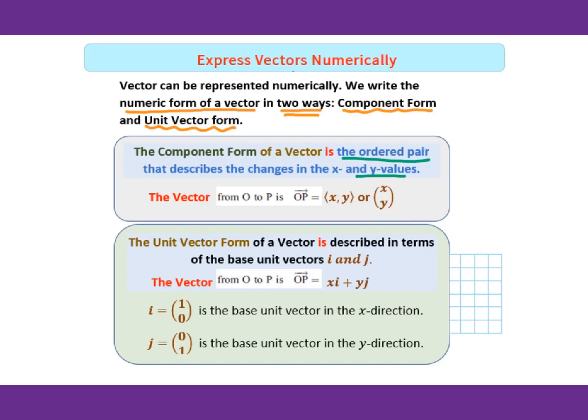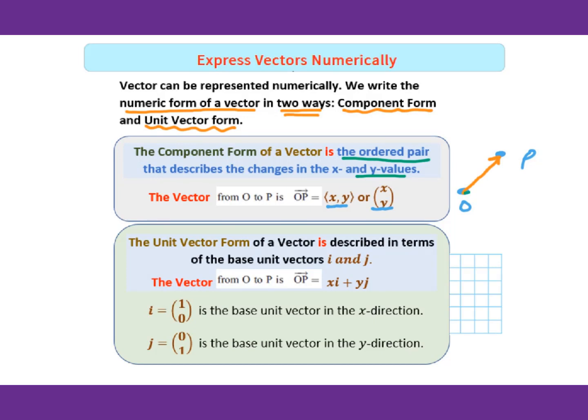The vector from O to P is OP equals (x, y), or we write it as a column x, y, which means from this is O, here's P. This is vector OP.